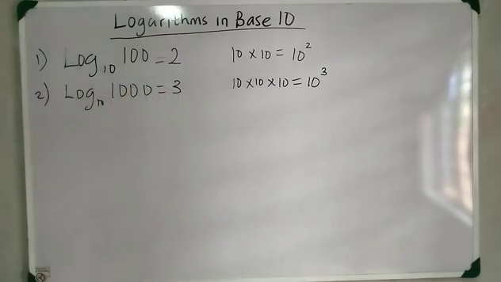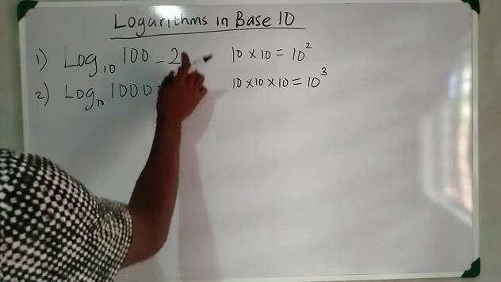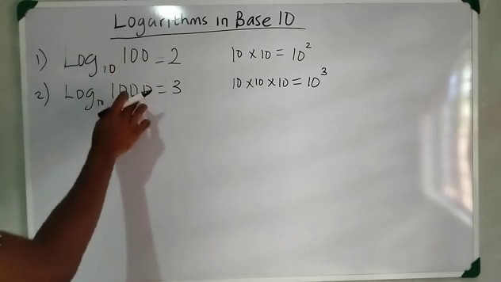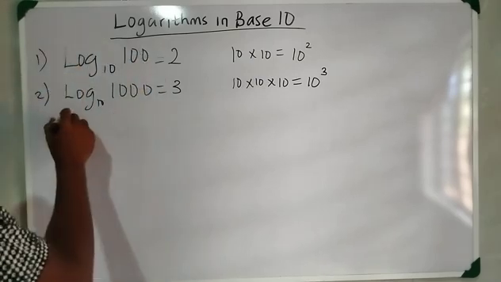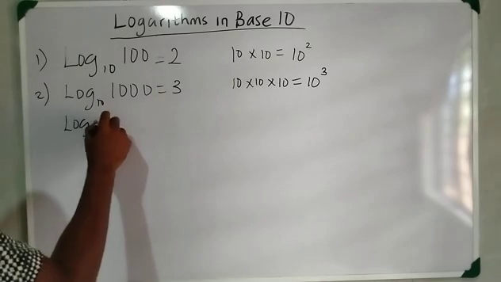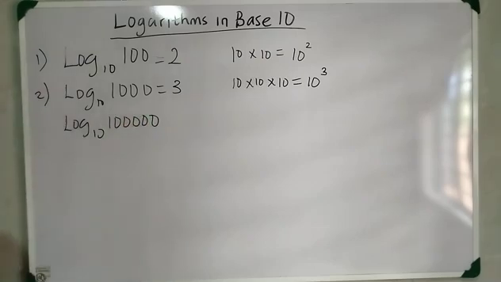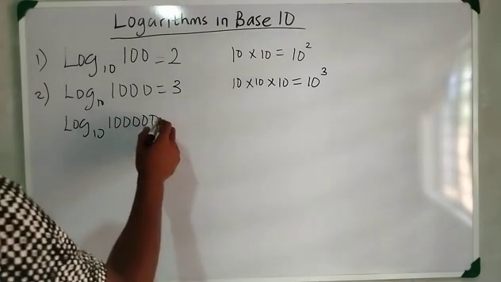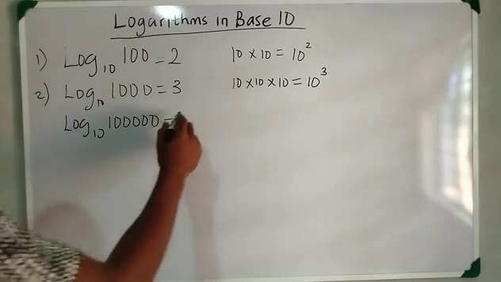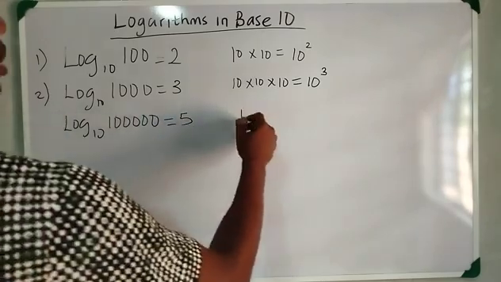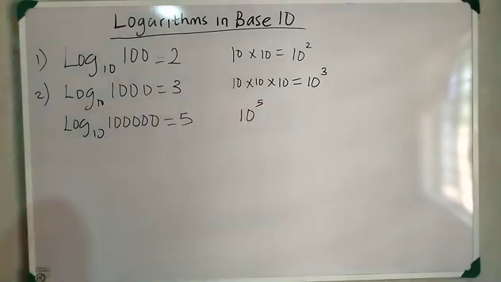So if you notice, these numbers are giving us whole numbers because these are multiples of 10s. So it therefore means that if I'm also told to find the logarithm of 100,000, for example, what would the answer be? The answer would be 5, because 100,000 is the same thing as 10 raised to the power 5.